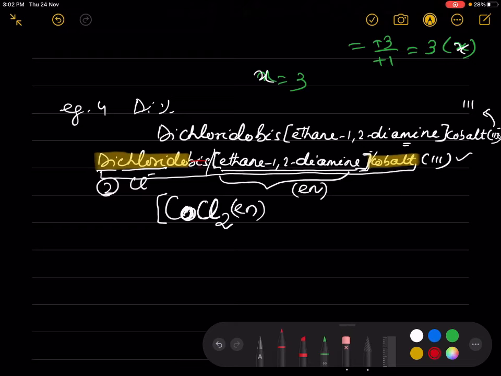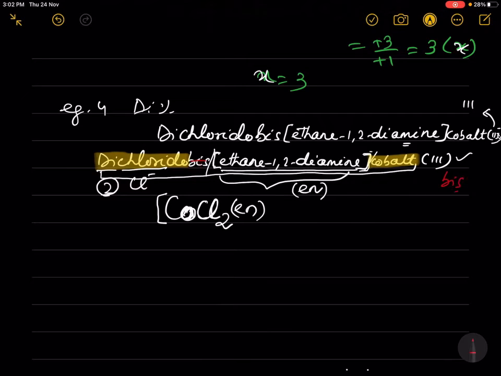Bis means two polydentate ligands, like di. Here di, here bis. The number is 2 in both cases, but bis in case of polydentate ligand. So as there are two ethane 1,2-diamine ligands, I should write 2 over here. For bis I have to write 2. For di I have to write 2.